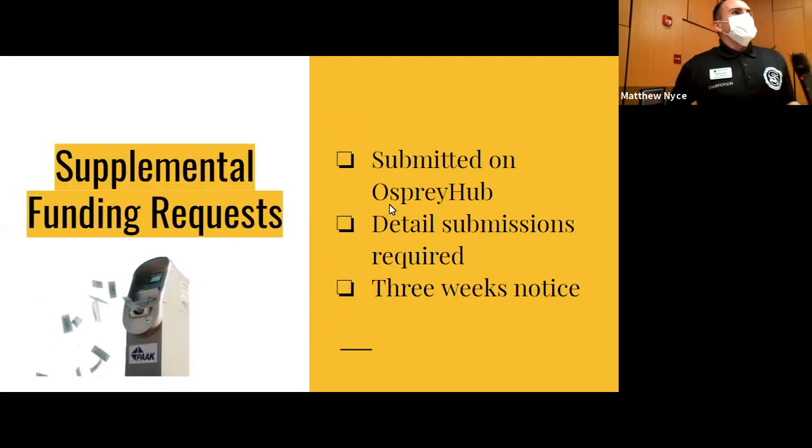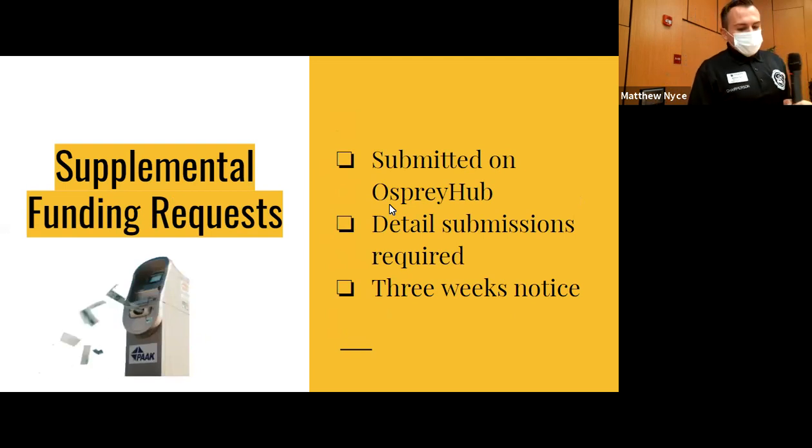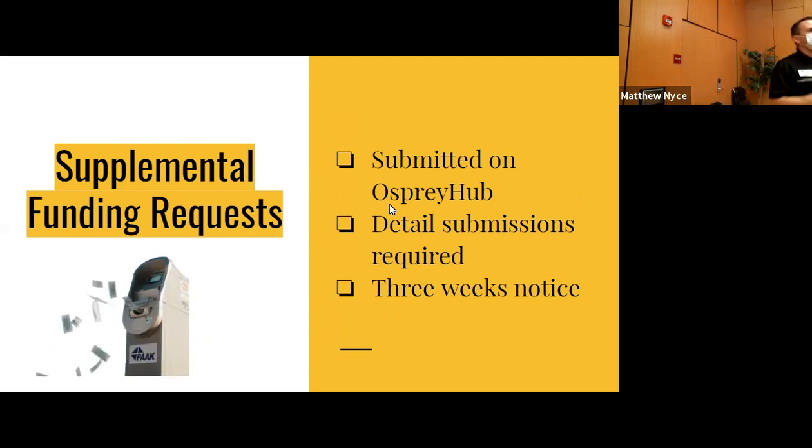So in addition to the club budget, you have the opportunity to come to Student Senate and request additional funds through supplemental funding requests. Those are to be submitted through Osprey Hub.